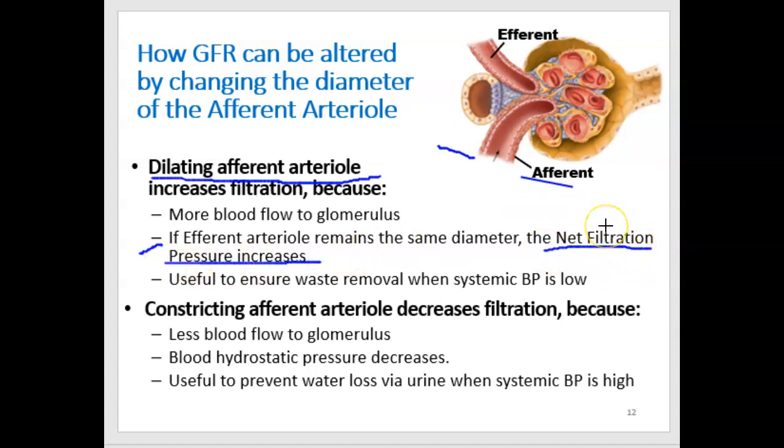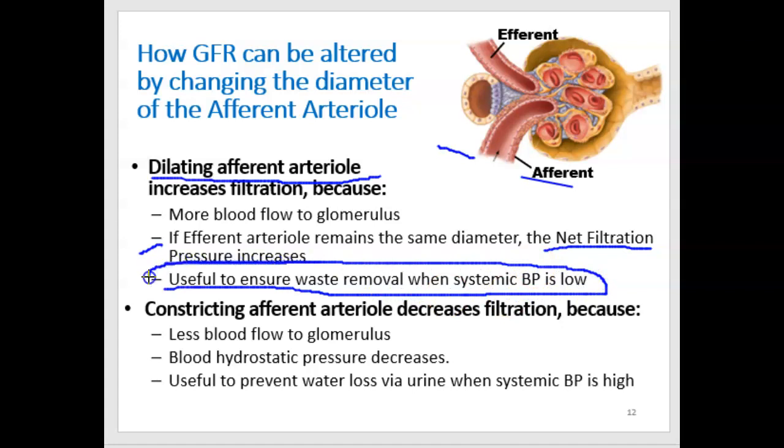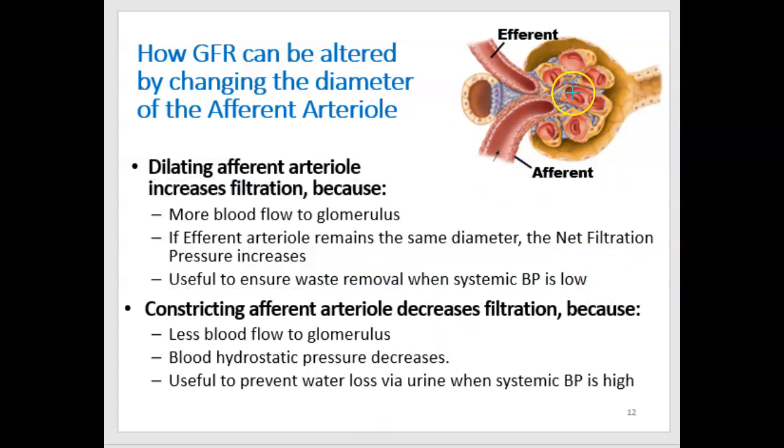So that will mean more waste removal. This is useful when you're trying to remove wastes, but there's a low systemic blood pressure. Blood pressure has gone down, but you're still trying to remove wastes. You could dilate the afferent arteriole to keep blood flow maximum through the glomerular capillaries.